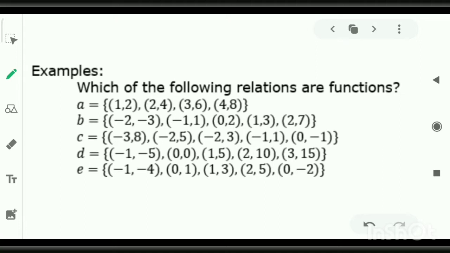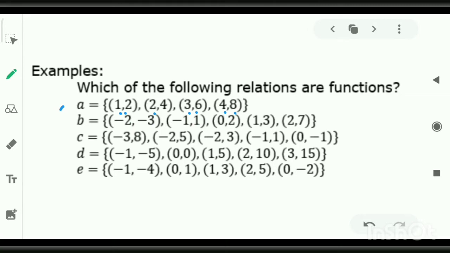Now, for example, we have the set A that is composed of the ordered pairs (1, 2), (2, 4), (3, 6), (4, 8). What we have to look out for here is that there should be no two x elements that are the same.